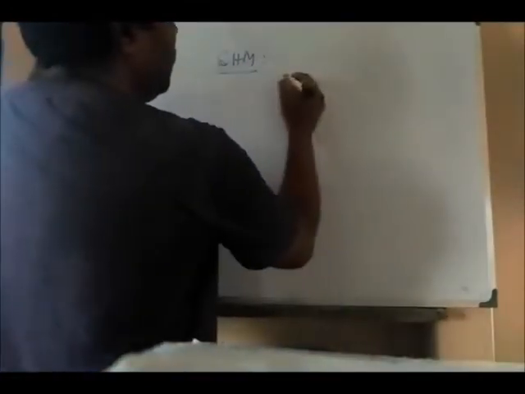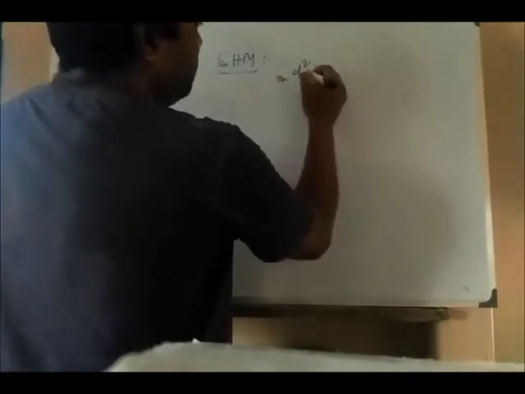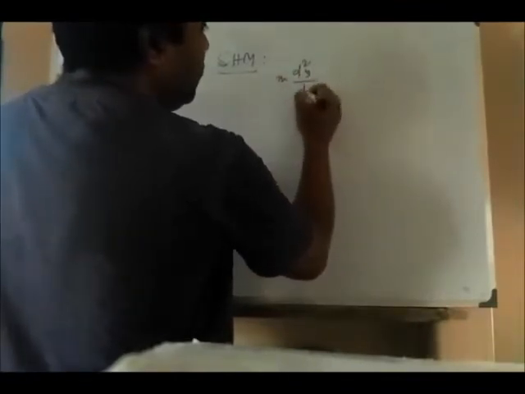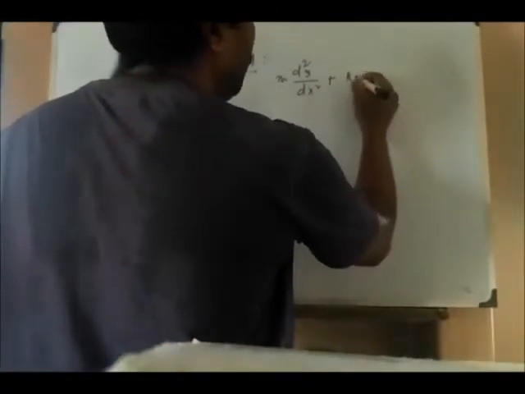Now, if we are working with simple harmonic motion, then we know that the form is m d2y/dx2 plus ky equals 0.